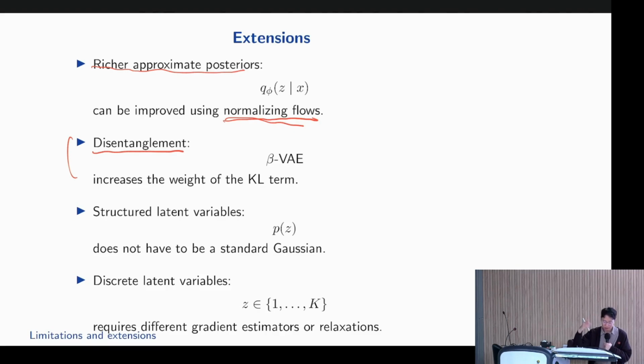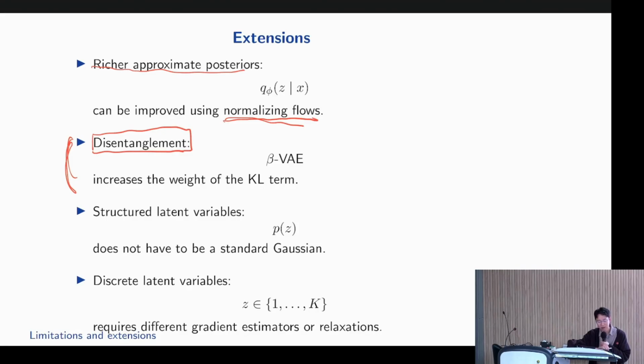So how can we, in principle, force the model mathematically so they model orthogonal information for generation? That's a whole different area of disentanglement. So I don't know if we will have time to cover this.